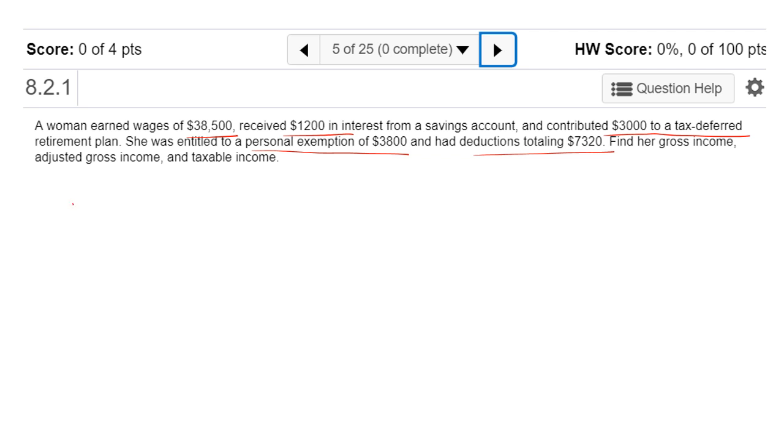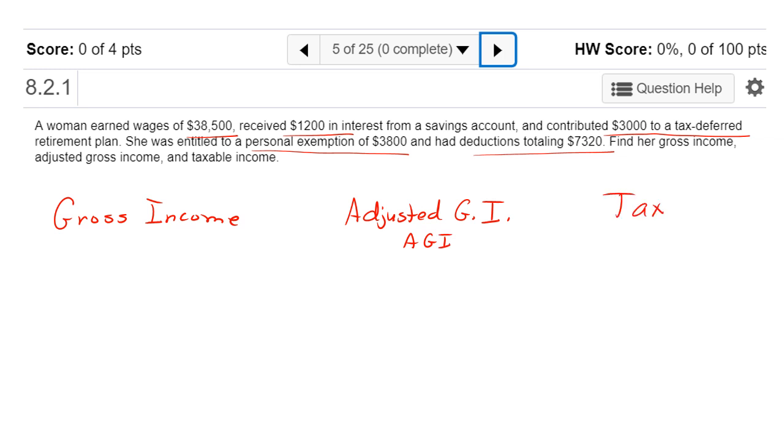So we need to find her gross income, her AGI, which is the adjusted gross income, and then we need to find her taxable income. That would be the amount that the tax rate would be applied to.